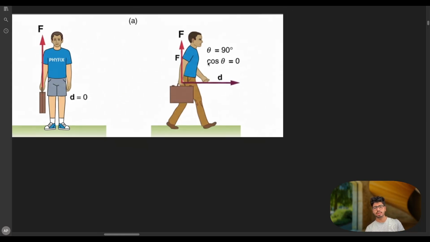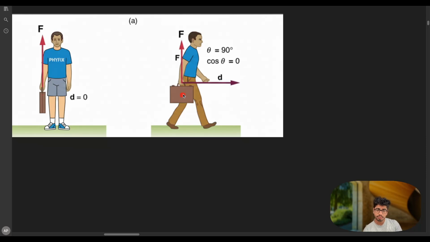And in this case, let's suppose the person moves. The displacement is in this direction, the force is in this direction, so the force applied by the person's hand does no work.